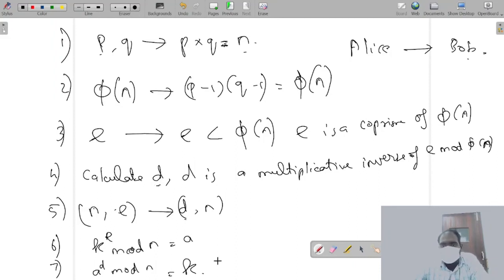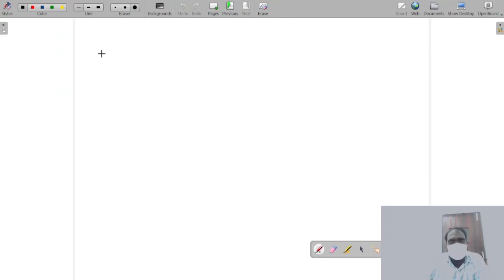Alright, that's it for RSA encryption and asymmetric encryption. This solves our first problem, confidentiality.